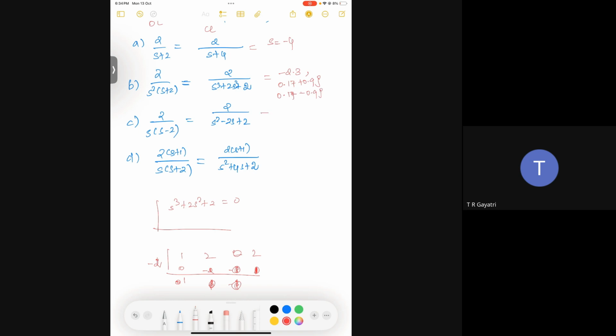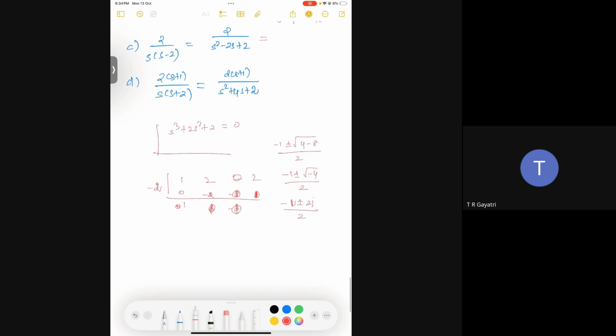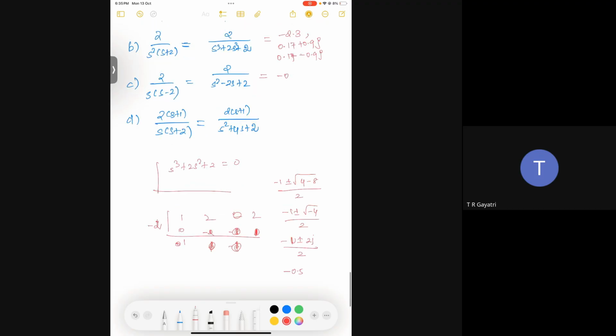So these are the three roots for this. For this, it is easy. If you found any deviation, let me know, okay?